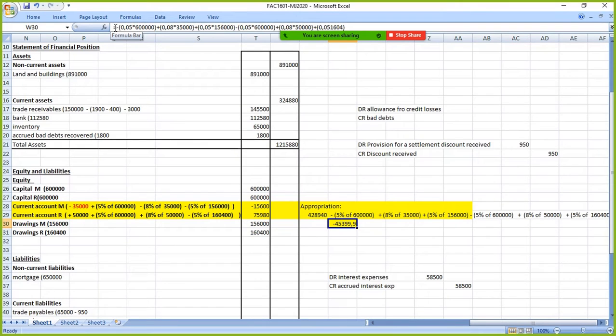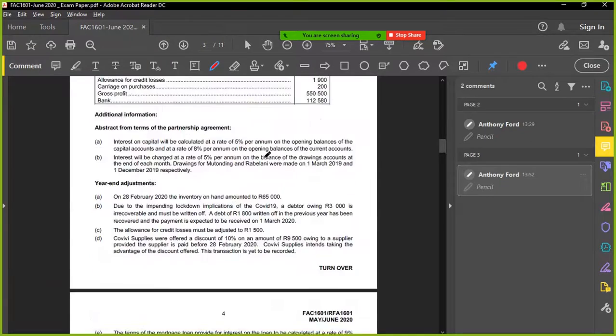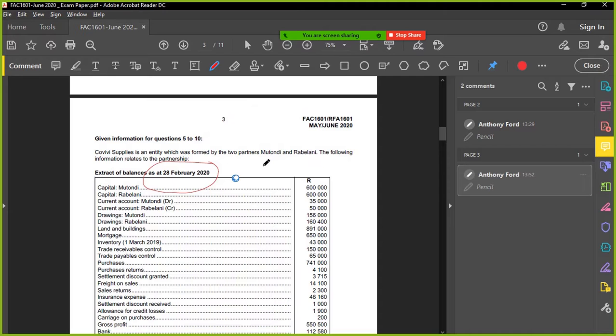Gives me that. So, net amounts gives me that. Okay, divide that by 2. How are they sharing profit here? Do we know?